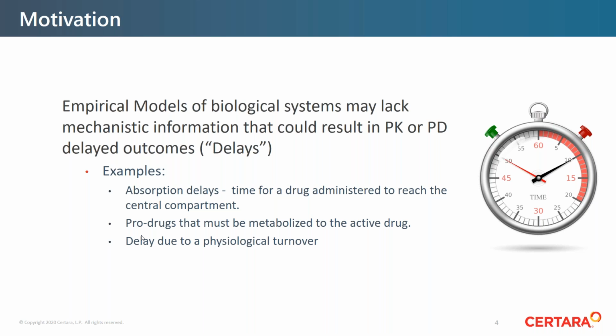We know that some drugs are administered as prodrugs that must be metabolized to the active drug. In this case, the drug effect may be delayed with respect to parent drug concentration in the central compartment. In addition, delay may occur due to some physiological turnover.